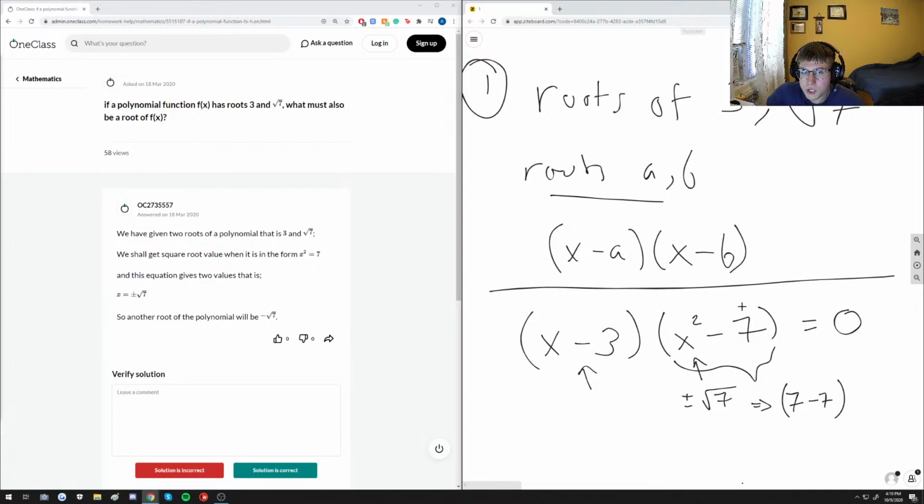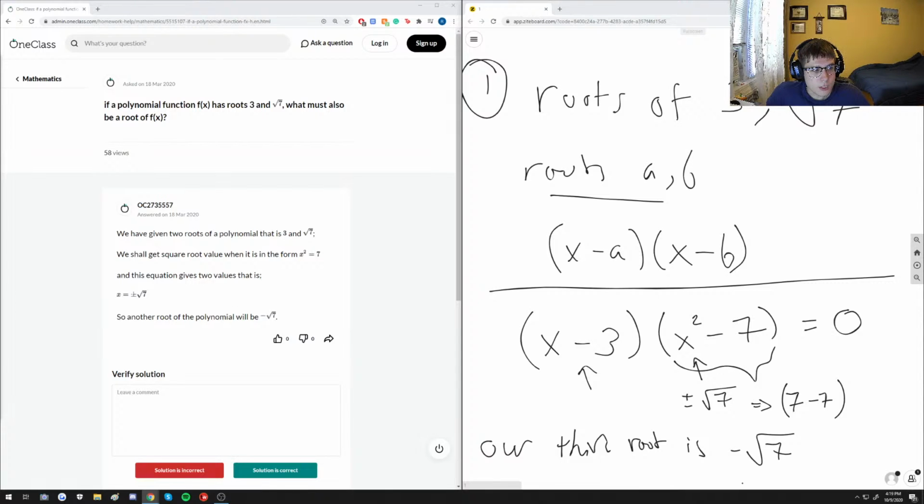So with that realization, we could say that our third root is negative root 7. So that must also, as a consequence to positive root 7 being one of our roots, minus the square root of 7 is also one of our roots. So this is what the answer would be for this question.